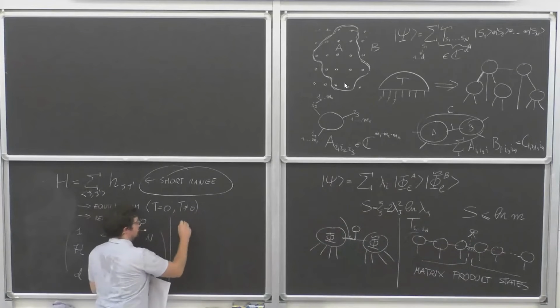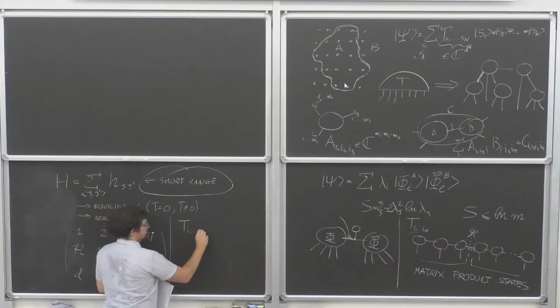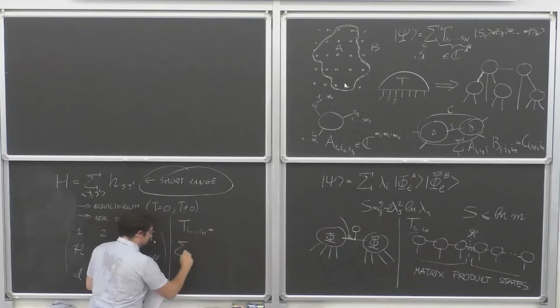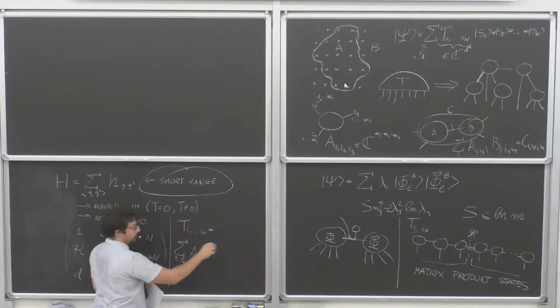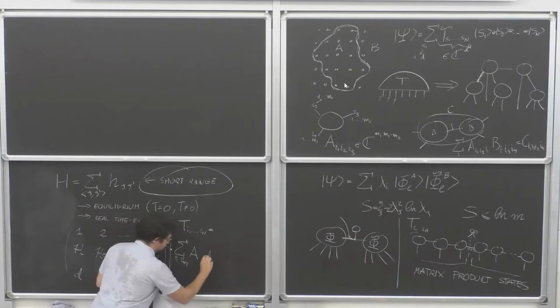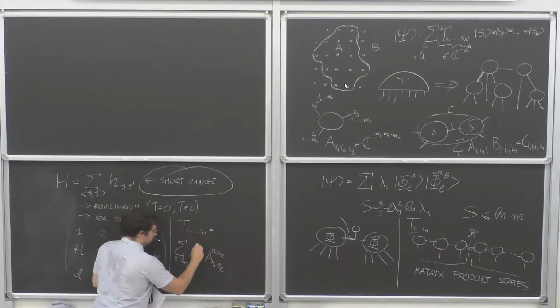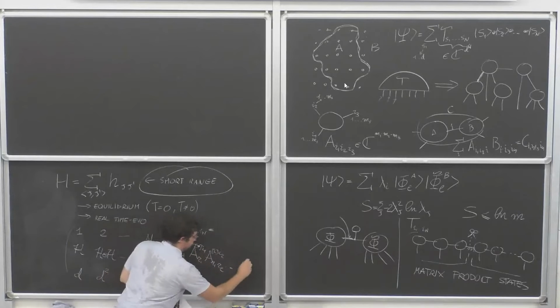I could write that T i1 ... iN is just the sum over all intermediate variables R1, ..., R(N-1) of all these matrices, each one with 3 indices, except the first. So the matrix at the second site, for example, is a function of I2, R1, and R2. The first matrix is only a function of I1 and R1, all the way to A_N, iN, R(N-1).